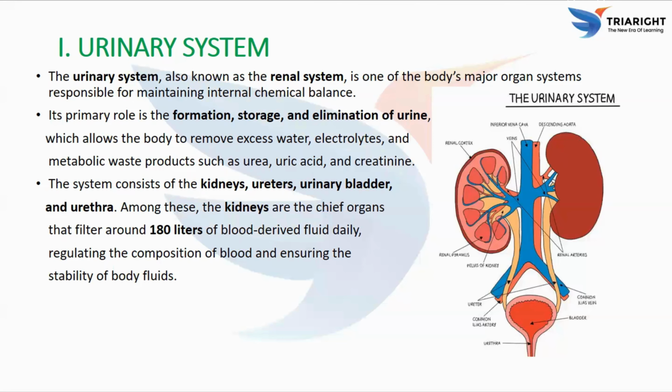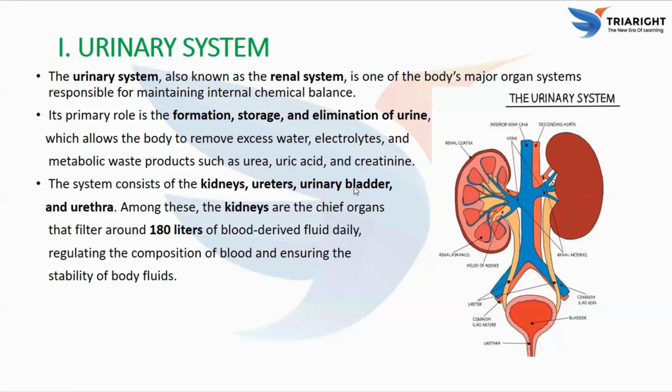So now, what is the importance of the kidneys? Why do kidneys play a major role in the mechanism of the urinary system? Because these are the most important organs in the system. They filter about 180 liters of blood every day. This fluid is not at all urine. Most of it is reabsorbed back into the body, so only 1-2 liters come out as urine.